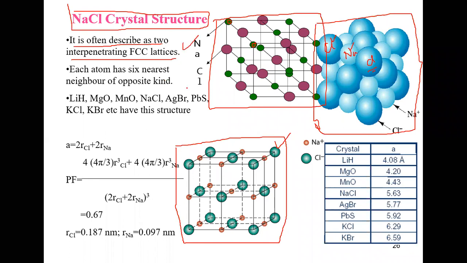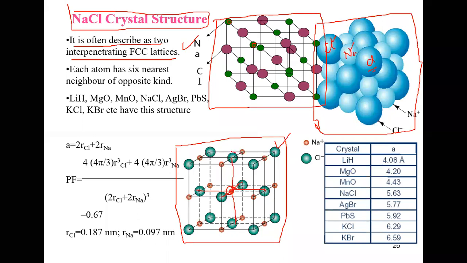Each atom has 6 nearest neighbors. As you can see, it has 6 nearest neighbors of the opposite kind. If you look at this atom, the nearest neighbors are this one and that one, that one, and also this one and this one.